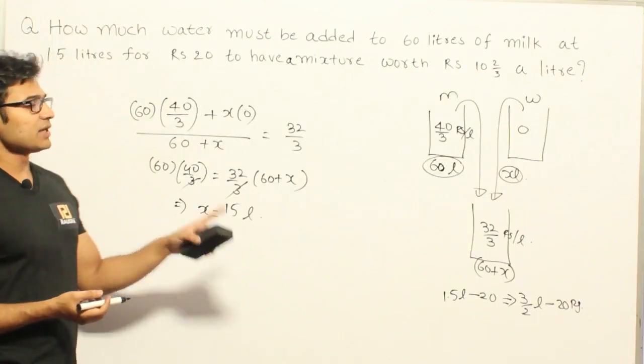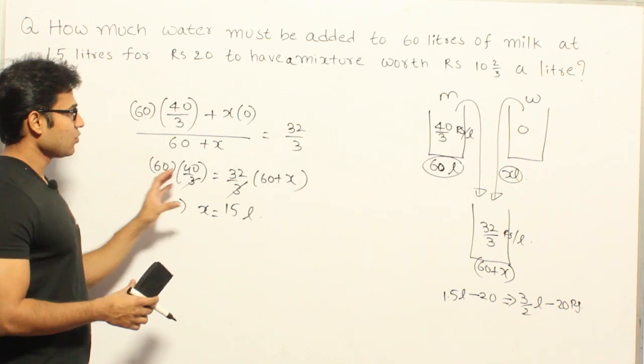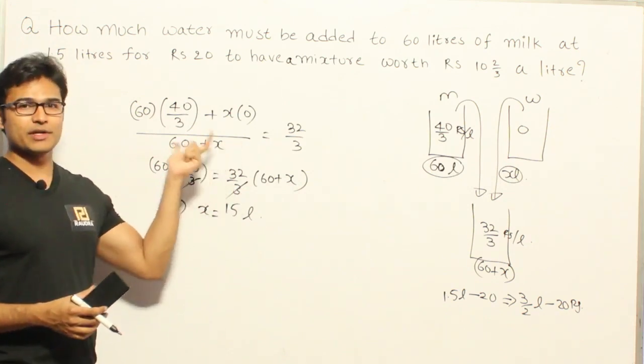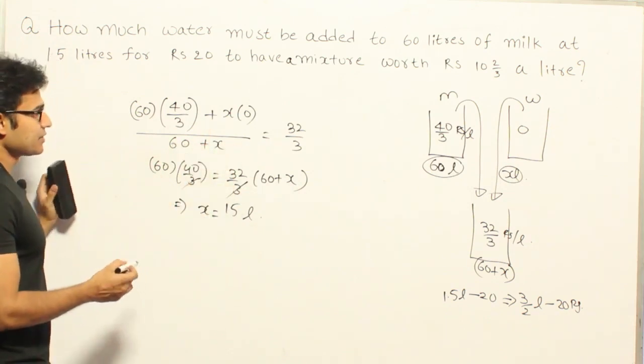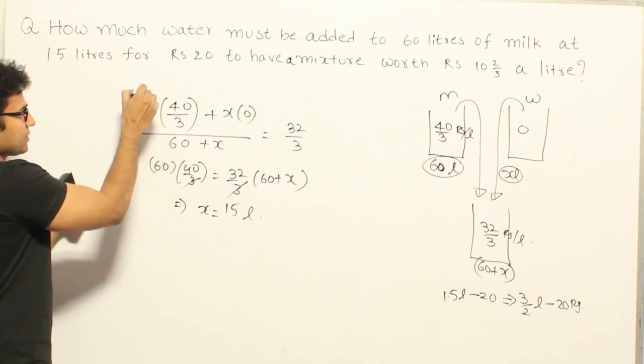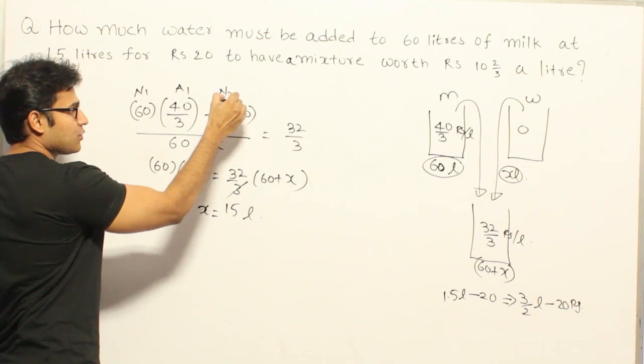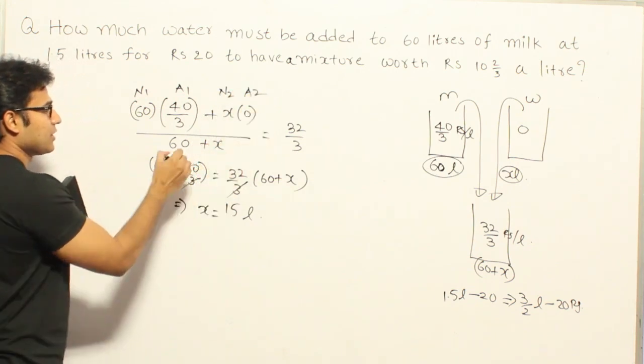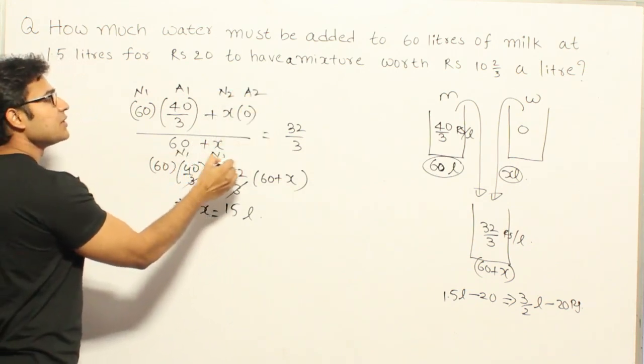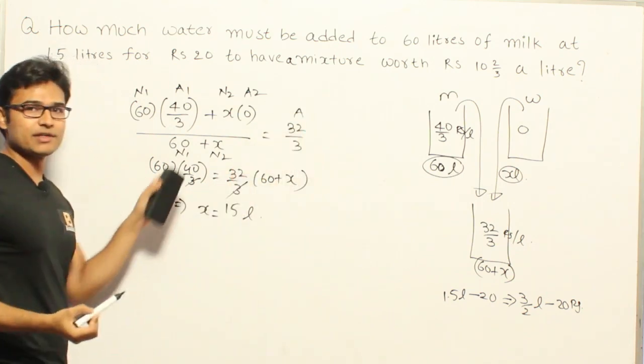Okay. Now since we are talking about alligations and mixtures, we can also see how to apply the alligation formula here, right? So this one is N1 and A1, this one is N2 and A2, and this one is A. It is in that form.